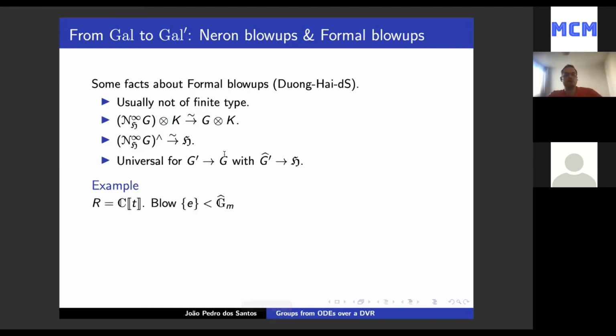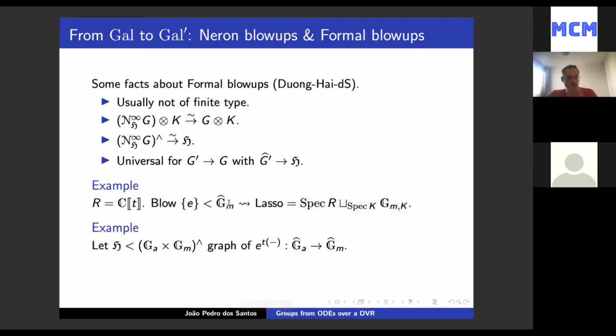So the example I can give you is the lasso, which I gave before. You take the closed point of the origin of the completion, and you apply this formal Néron blowup, and you get your lasso. And you get what you had before. So that bizarre group scheme which showed up is a particular instance of this construction. Another one which will show up a little later is that you can take the graph of the exponential function.